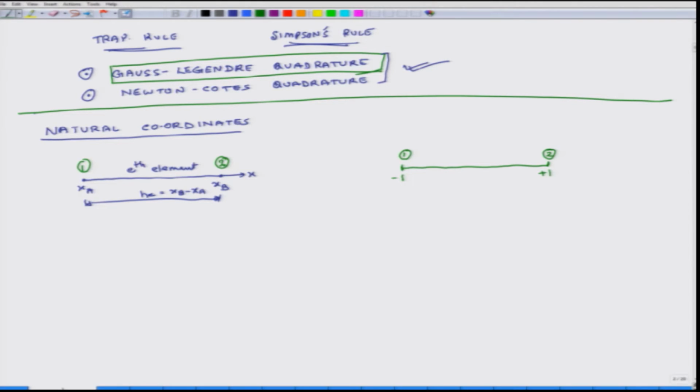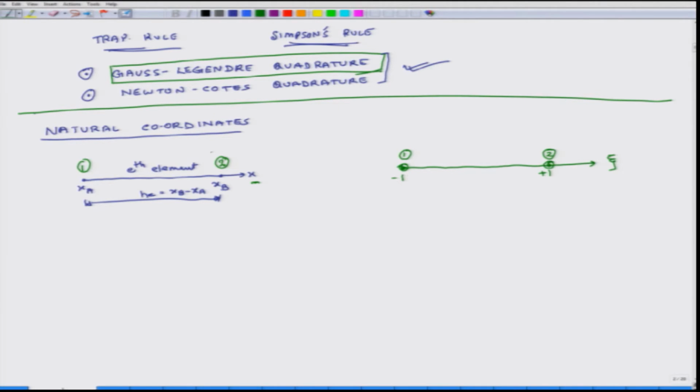This was the x coordinate; I will call this the zeta coordinate system. So I have an x coordinate system, but I want to use an element which has 2 nodes again, from -1 to 1, in a different coordinate system called the zeta coordinate system.